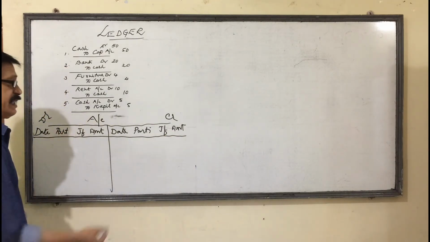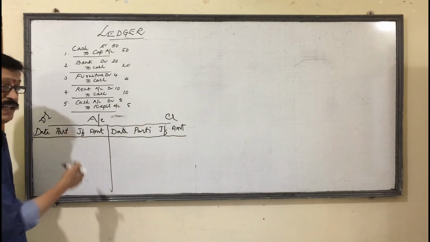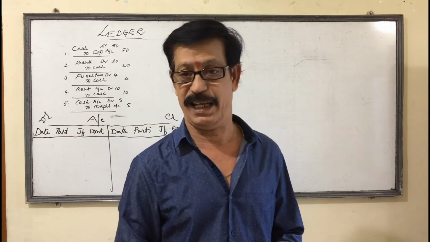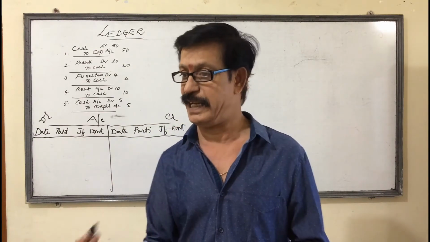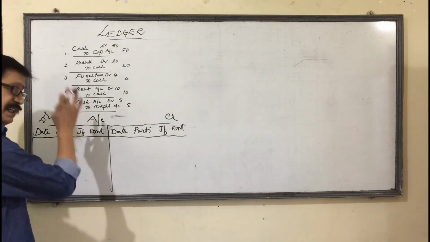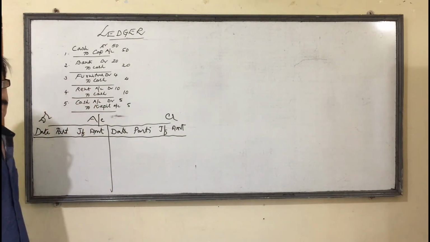In the journal, we maintain the LF column. In the ledger, we maintain the JF column. That means the page number in the journal will be entered here.